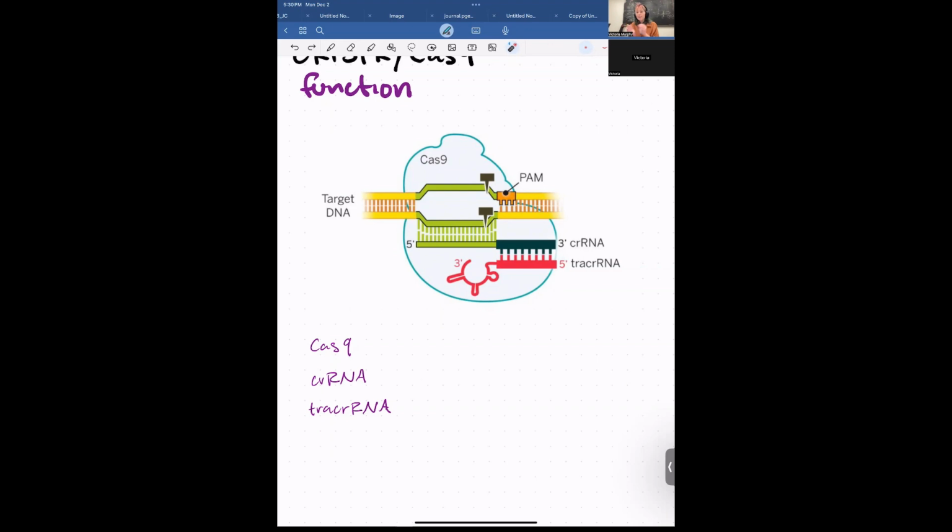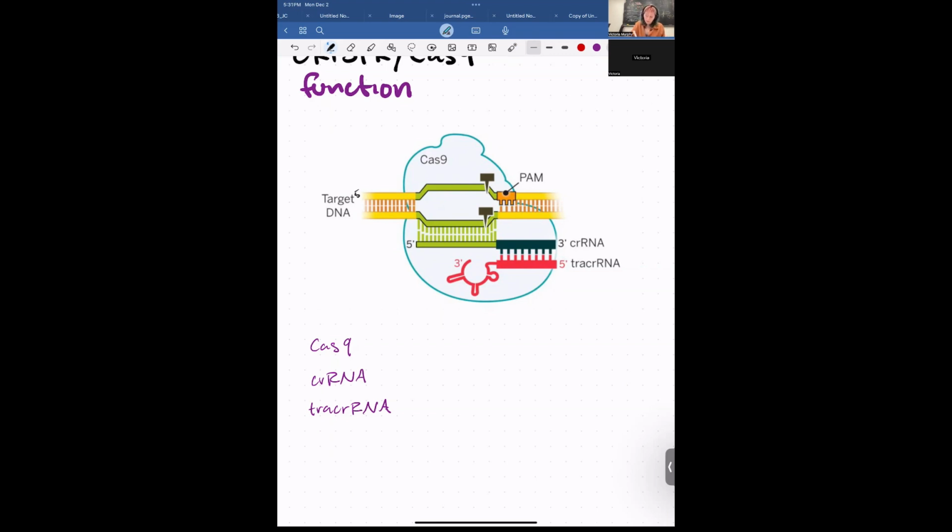Cas9 can bind to any sequence containing a PAM, and this leads to unwinding of the about 20 nucleotides upstream of the PAM. And when I say upstream, I do mean on the 5' side of the NGG PAM.